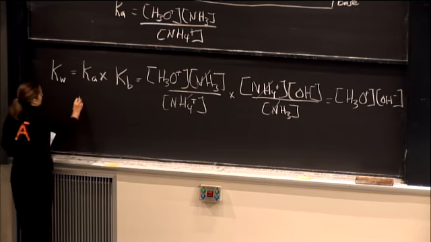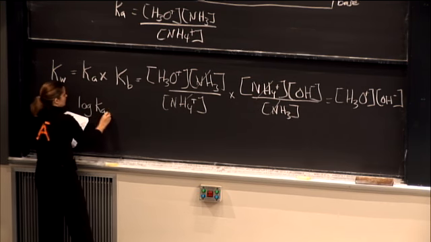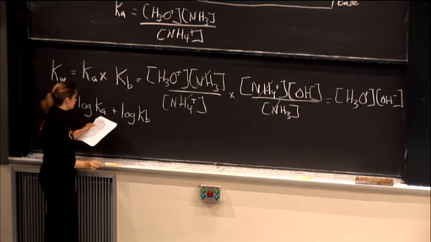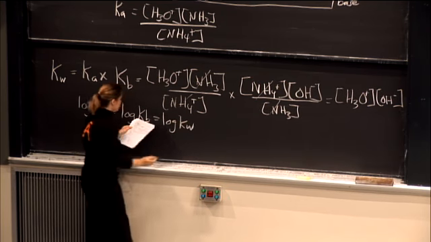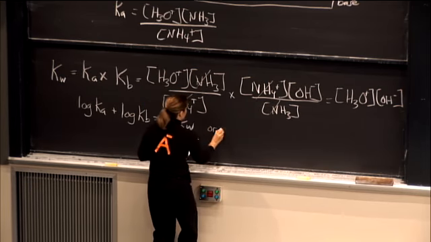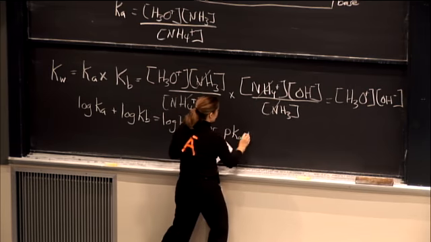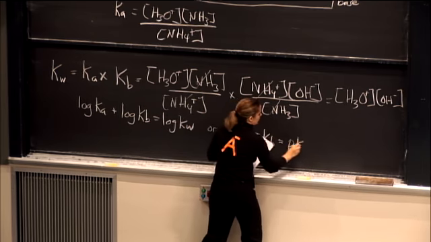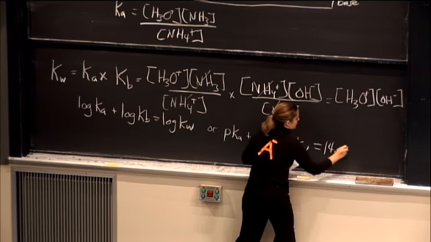And if we take the log of Ka plus the log of Kb equal the log of Kw, or pKa plus pKb equals pKw equals 14.